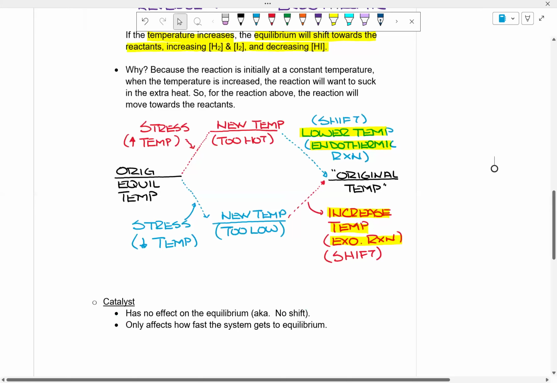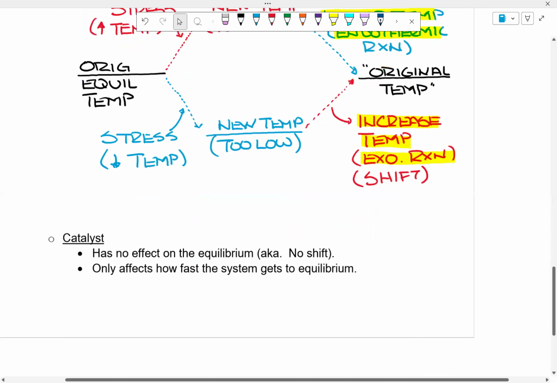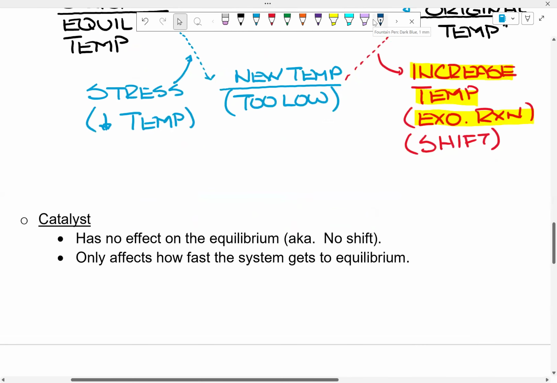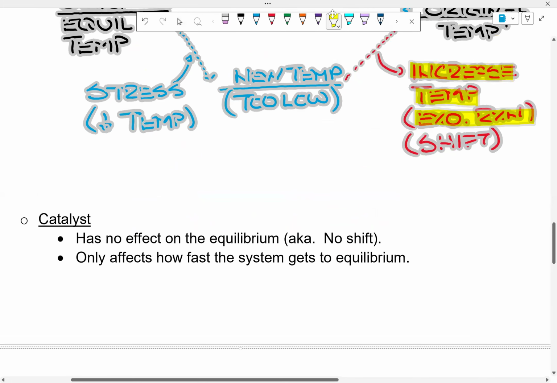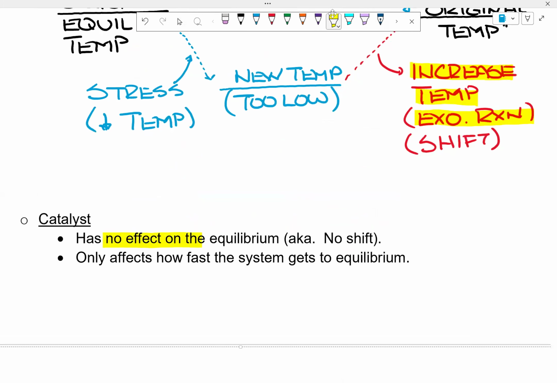All right, the last one is this. A catalyst has no effect on the equilibrium system, no shift. It only affects how fast the system gets to equilibrium.